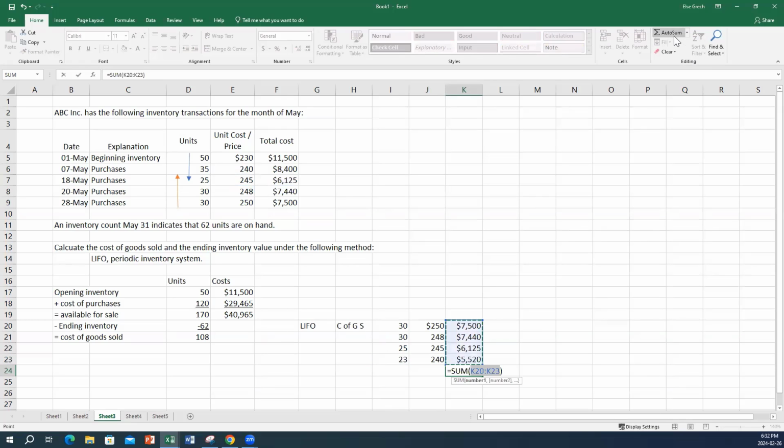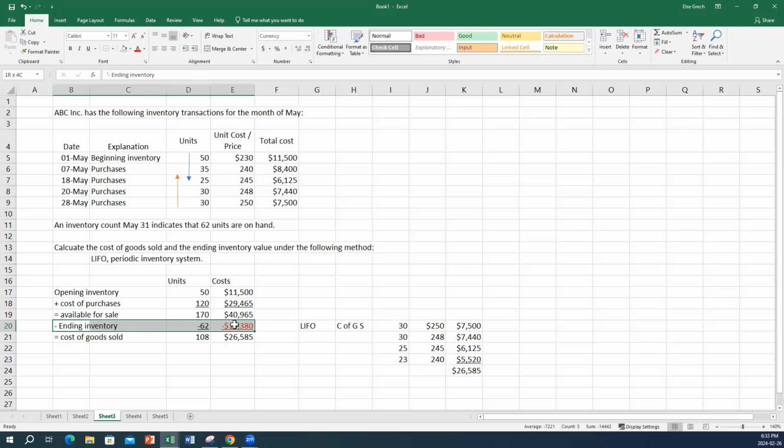If I add these all up, this is the value of the cost of goods sold, $26,585. If I fill this out, I can then calculate the ending inventory. Take the cost of goods sold, deduct the available for sale, the difference, 14,380, that is the ending inventory.